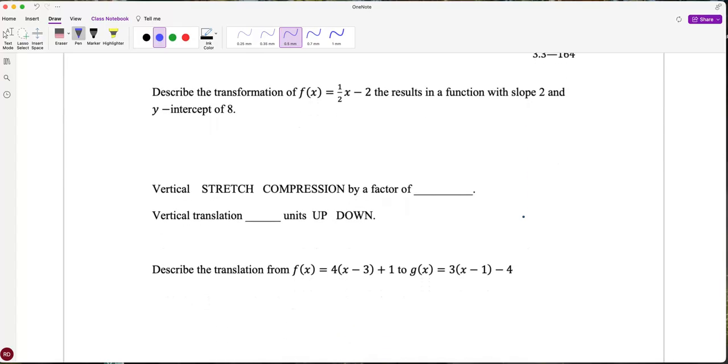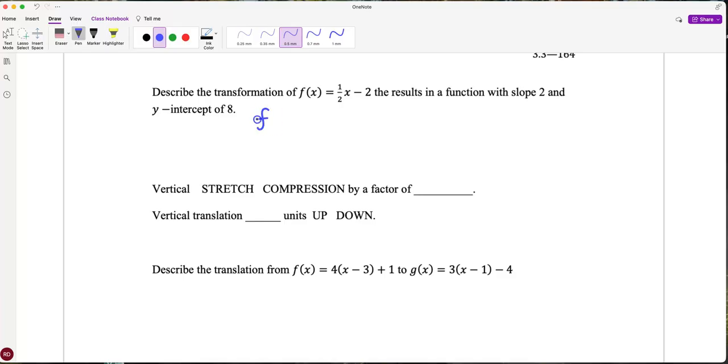So let's describe the transformation of f of x equal 1/2 x minus 2. Describe the transformation that results in a function with a slope of 2 and a y-intercept of 8. Okay, so describe the transformation that takes 1/2 x and gets me something with a slope of 2 and a y-intercept of 8.